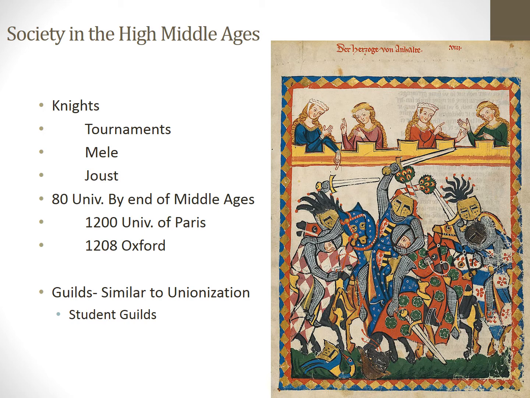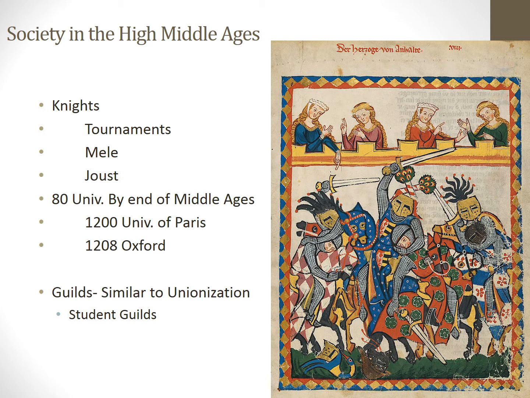Similarly, students formed their own student guilds, which were designed to create a sort of unionization of students, where students would band together and create a guild that would assure that the communities they lived in when they went to college did not price gouge the rent prices.